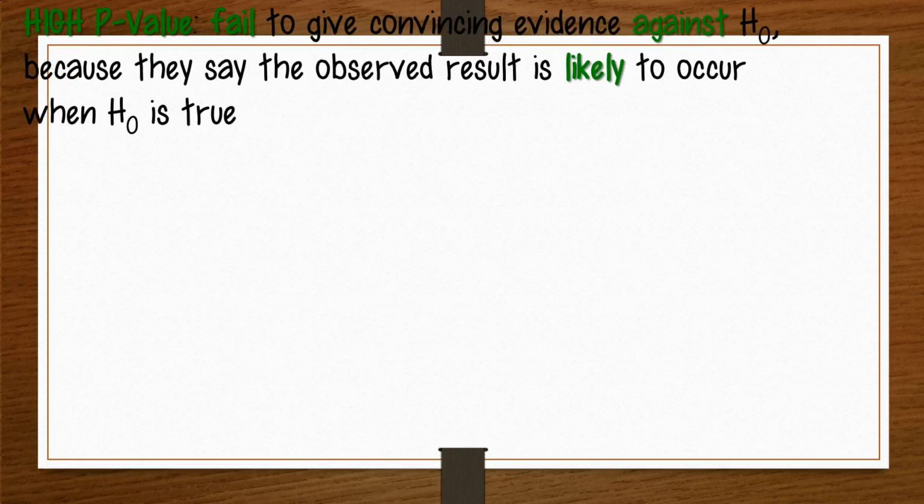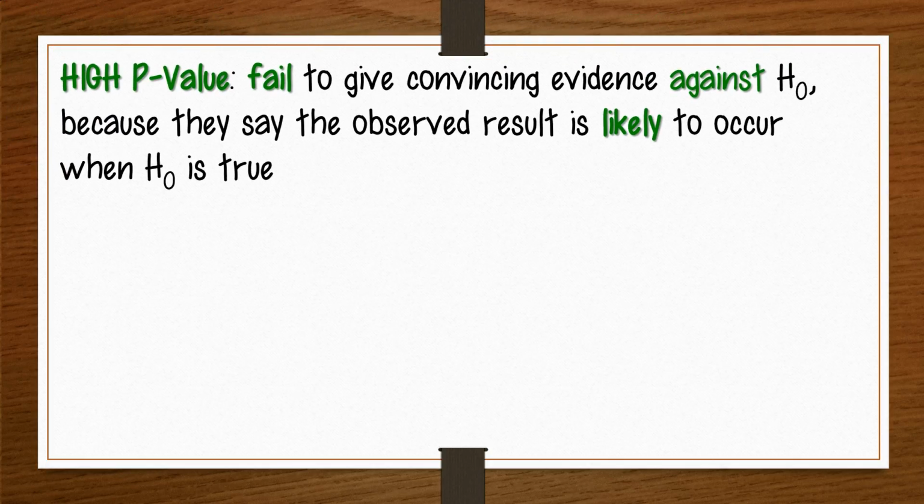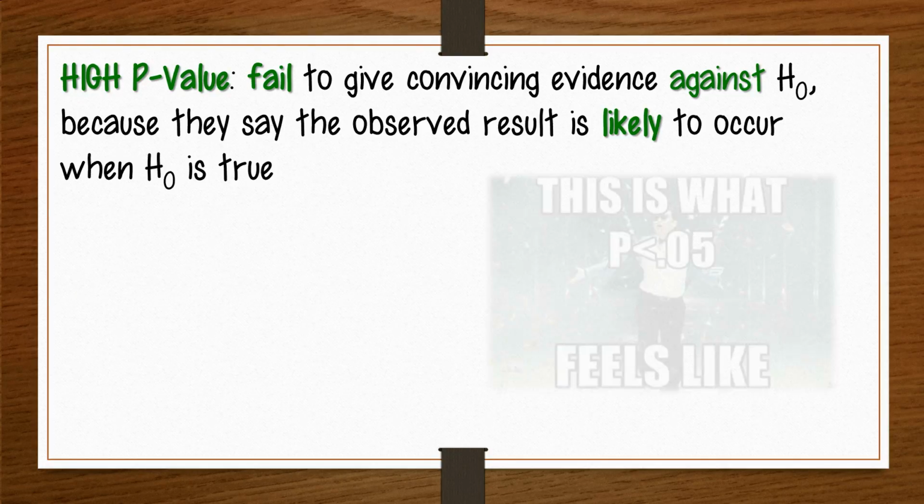All right. So a couple things I want to quickly refresh: if you have a high p-value, that means you have failed to give convincing evidence against the null because what you just saw is actually likely to occur. Basically drawing 2 red cards in a row, 25% chance. Yeah, it's a little bit funky, but really not enough to suspect something's off about the deck.